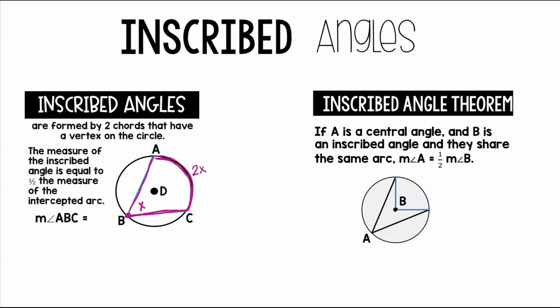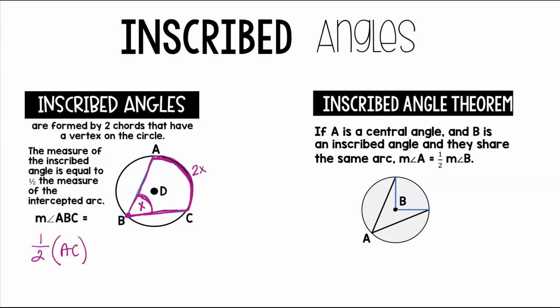I always think about it as I'm going from an inside angle to the outside, so I'm going to multiply by 2. If I'm going from the outside in, then I'm going to cut in half. So the measure of angle ABC is actually half of arc AC.